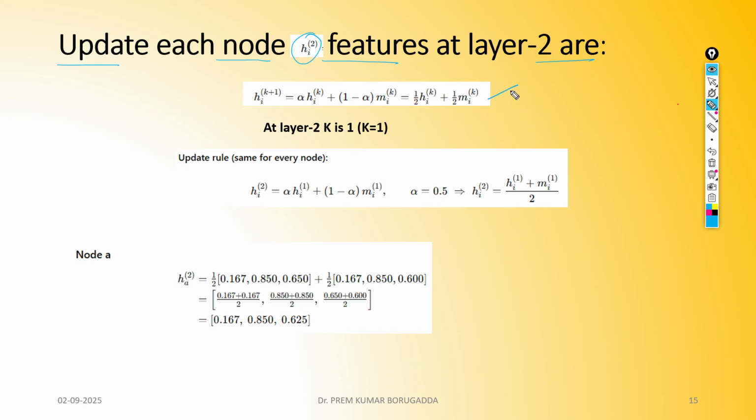I am going to use the same formula at layer 2, meaning k value 1. So what is the update rule? Same: Hi2 equals alpha Hi1 plus 1 minus alpha Mi1. Alpha means 0.5, which I can write as 1 by 2 Hi1 plus 1 by 2 Mi1. This is the Hi2.